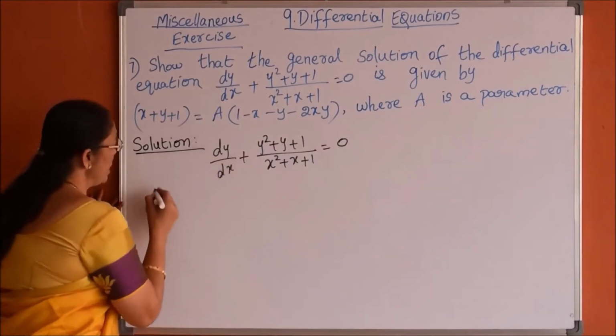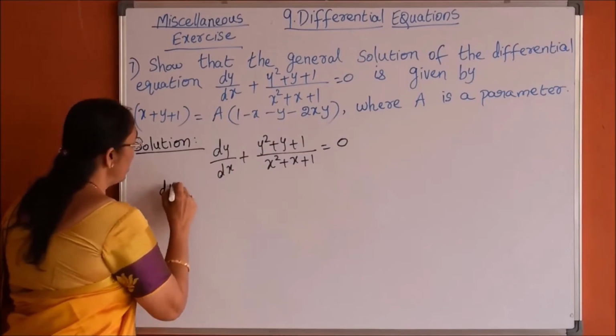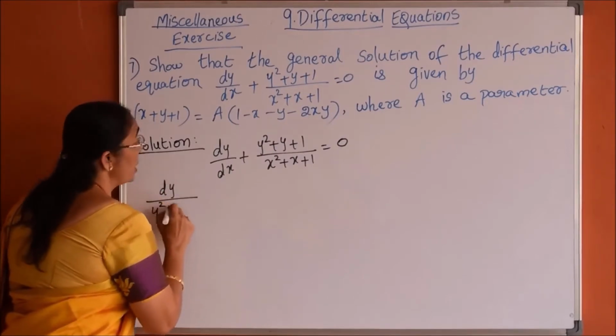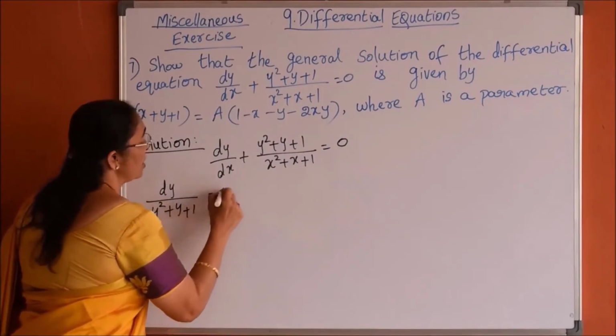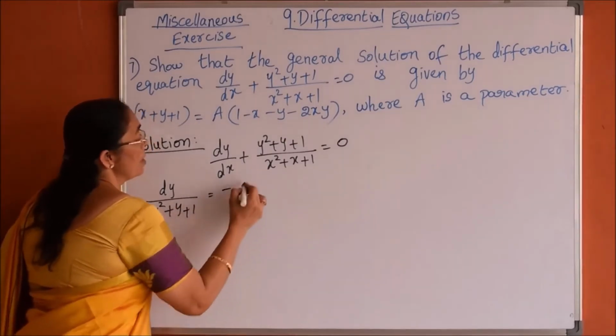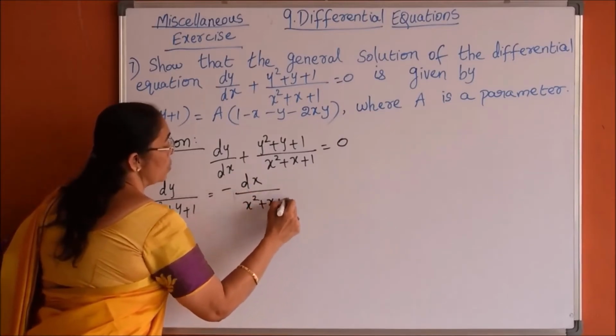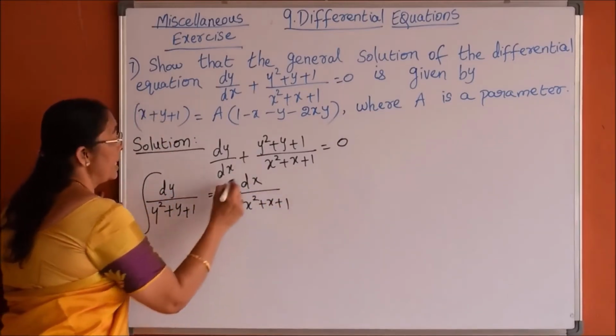So, by separating the variables, we can write this one as dy divided by (y square plus y plus 1) is equals to minus, okay, we can do integration next step, dx divided by (x square plus x plus 1). Now, integrating on both sides.